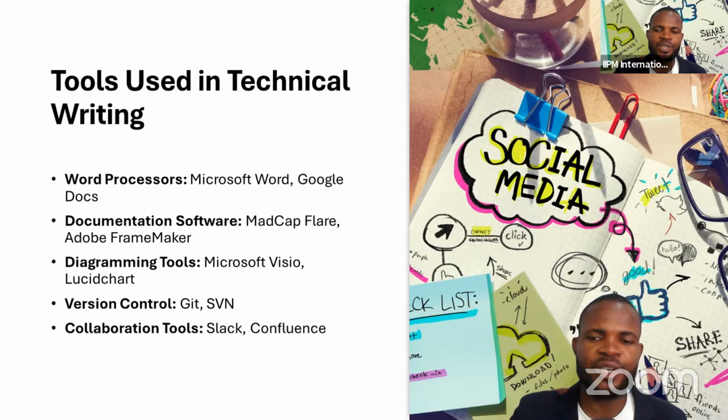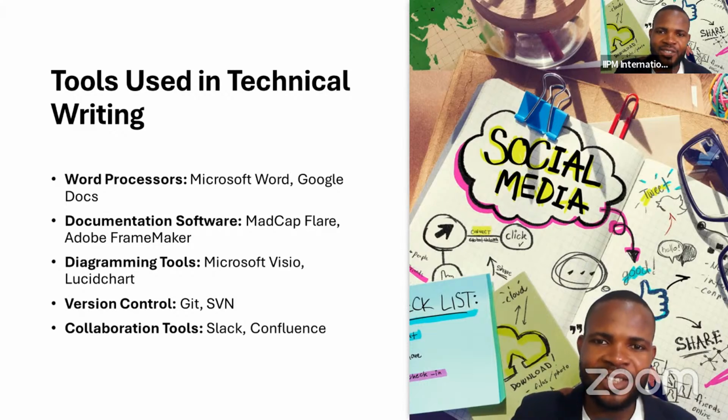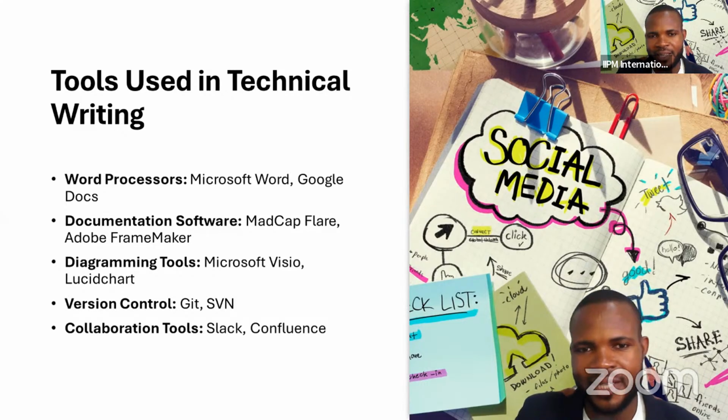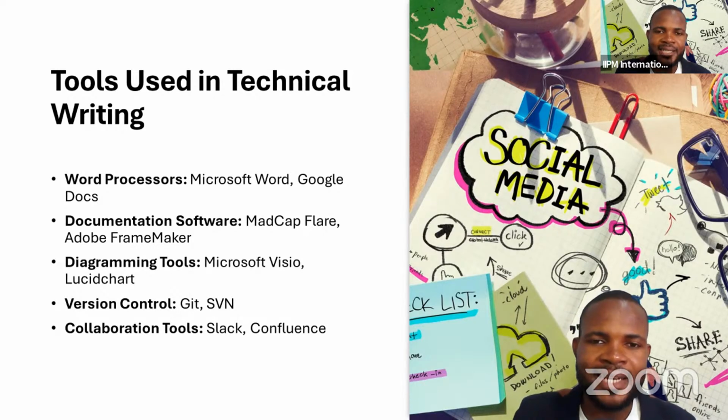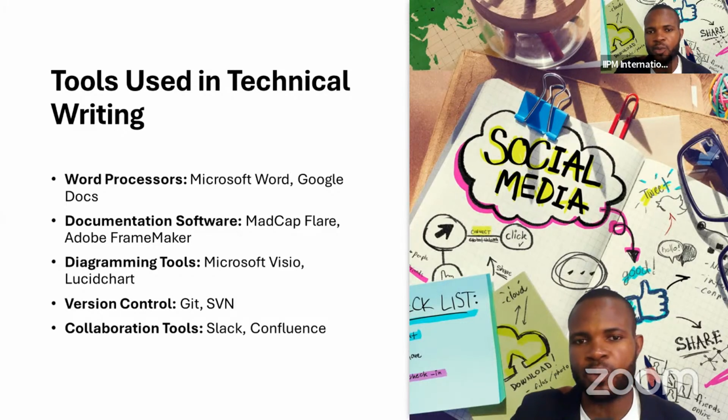Then you have your version control. One of the issues with technical writing is that we don't pay attention to version control. So you could use things like Git and SVN for your version control. So anytime you update the document or update your report, it creates another version. So maybe version 1.1, 1.2, 1.3, 2.0.